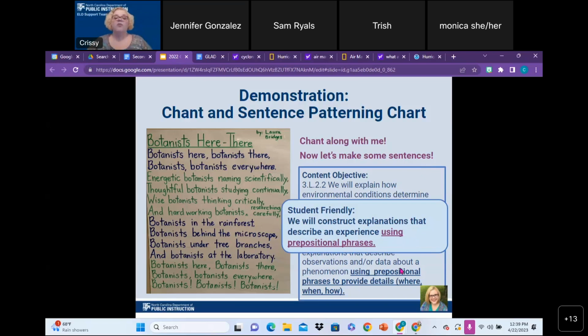So I've taken our language objective there and made it student-friendly, which says we will construct explanations that describe an experience using prepositional phrases, which is much more understandable. And of course, you want to unpack your objectives with your students to make sure they understand what they're learning and what their target is. So having said all of that, now we're ready to move on to the demonstration of the sentence patterning chart.